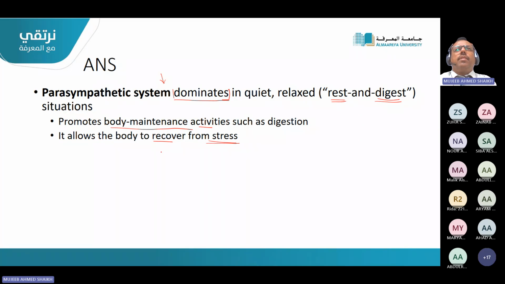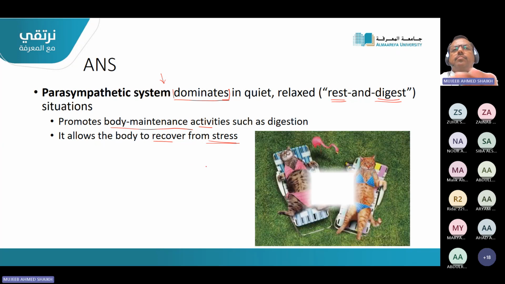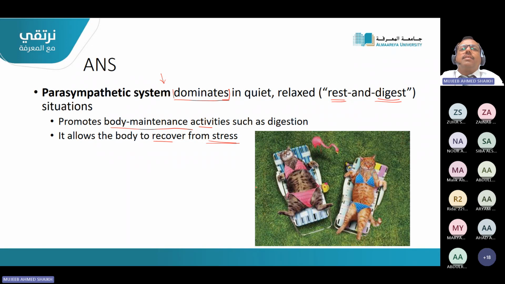When you reach home and relax, then parasympathetic will become more active. In this condition, it will be recovering the body from all types of stress throughout the day. So here is the picture, just to show you how they are relaxed.